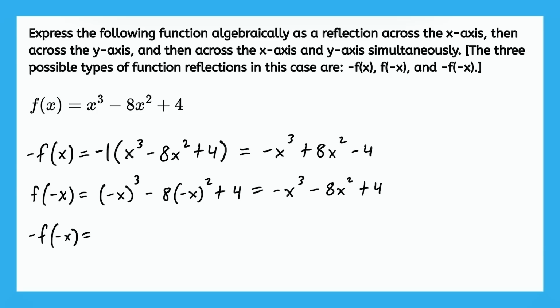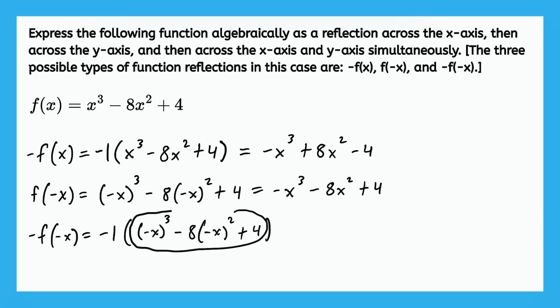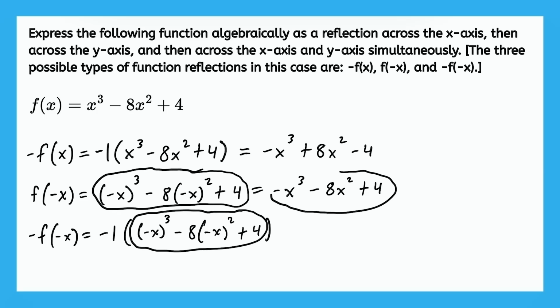And finally, let's do both of those processes combined in order to get the last part of our answer. So just like we discussed in the first part of this video, when we have negative f of negative x, we need to make the entire function negative by multiplying every term by negative 1, and we also need to make every x into negative x. Now you can see that what I have inside of these parentheses is the same thing that I had with f of negative x right here, and we know that that simplified into this expression right here.